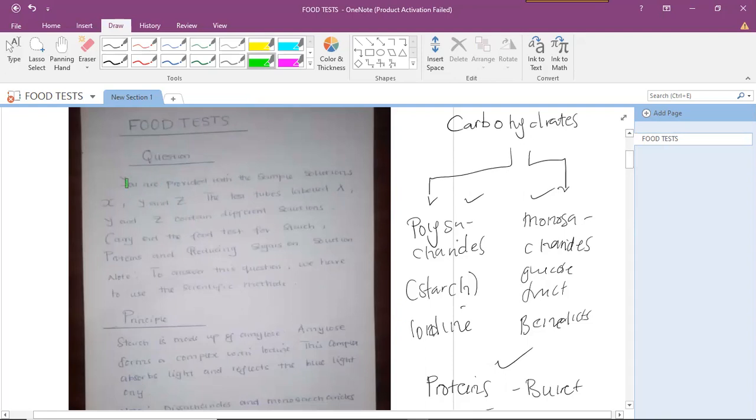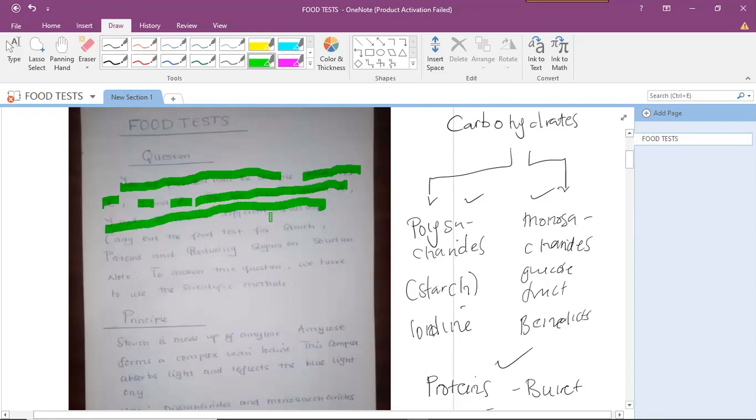So this hypothetical test states that you are provided with sample solutions in test tubes X, Y, and Z. They contain different solutions, so you don't know what type of solution it could be.